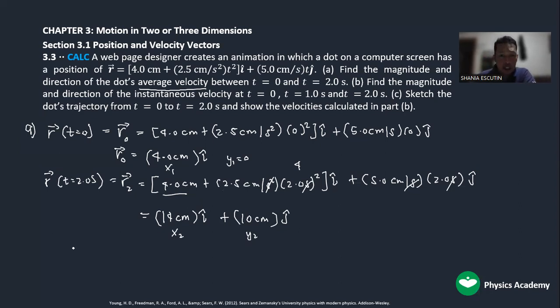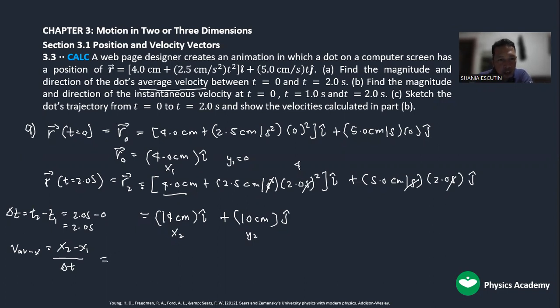From the definition of the average velocity, v average along x is just equal to the displacement x2 minus x1 over the time interval. We know that the time interval, change in t, is t2 minus t1, which is 2.0 seconds minus 0, equal to 2.0 seconds.